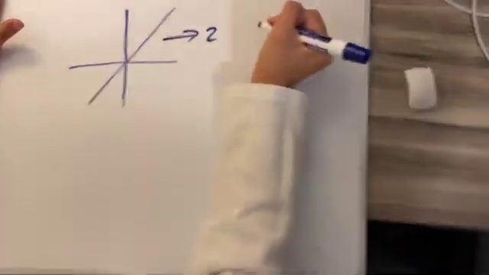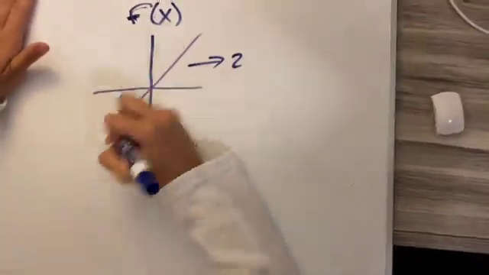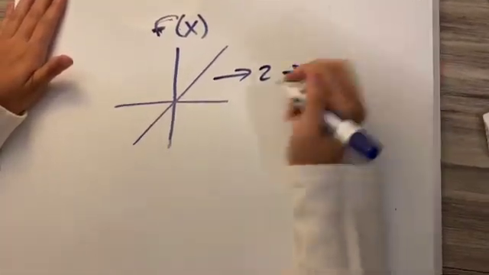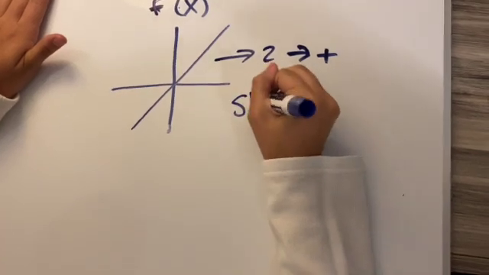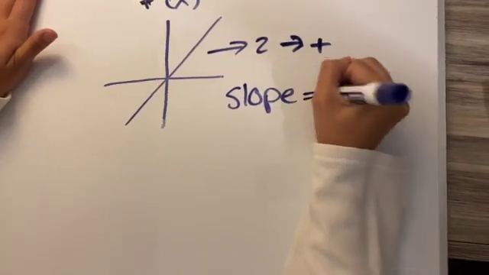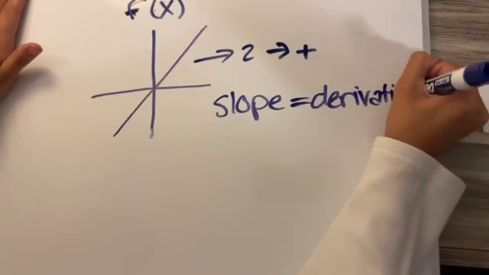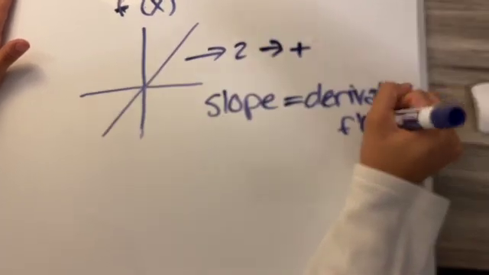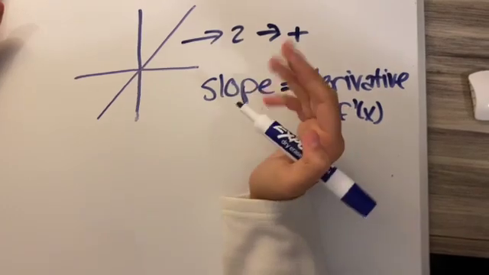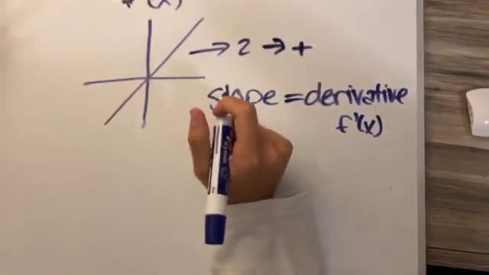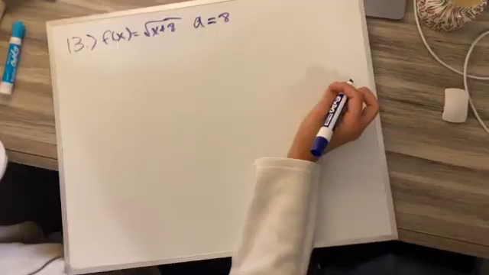So say we're given 2 as the slope because it's increasing. That means the derivative is also positive because the slope is the same as the derivative, which is f prime of x. So if the graph of f of x is increasing, then it's true that the derivative should also be positive on that interval that we are given.